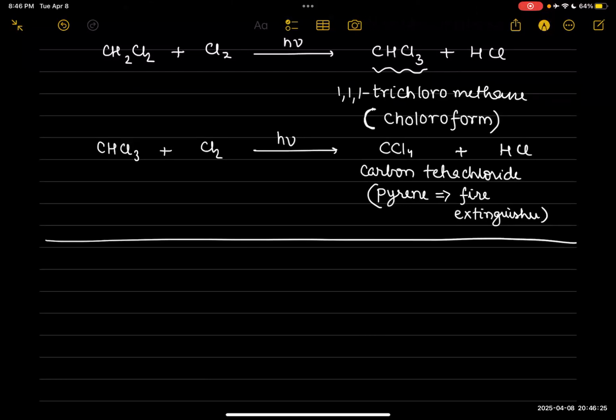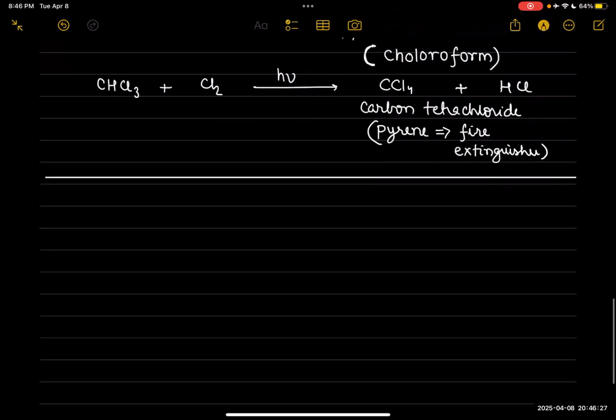And suppose there is a compound pentane. What's the formula for pentane? It has 5 carbon atoms, so C5H12.